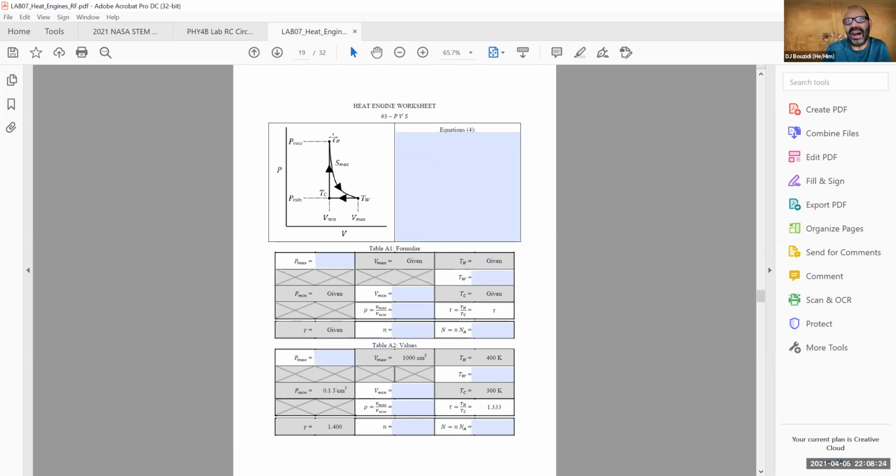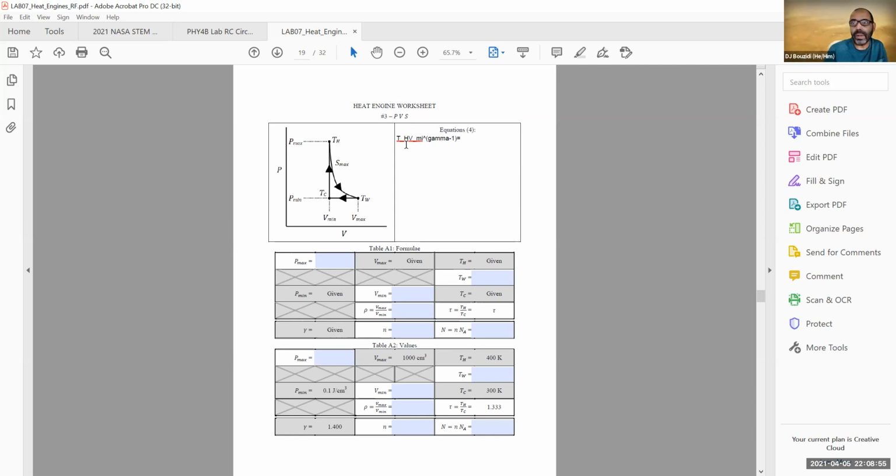That means T hot Vmin to the power gamma minus 1 is equal to, so there is a relationship in here that I need, T underscore H, times V underscore min to the power, open parentheses, gamma minus 1. Minus 1. I'm sorry, we can't do any more than that in here, okay?